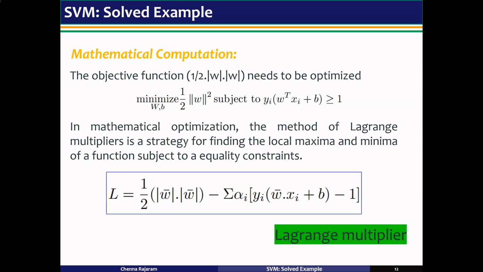The Lagrange multiplier L is equal to half of W bar dot product W bar minus sigma alpha i into yi (W bar xi plus b) minus 1. Here we need to find W bar as well as the alpha values.